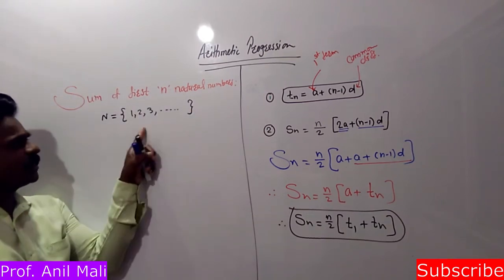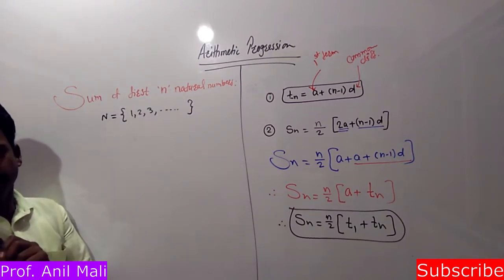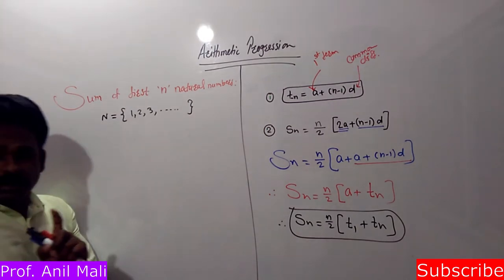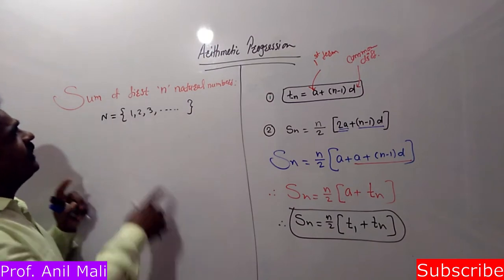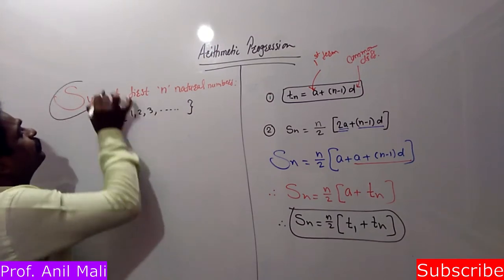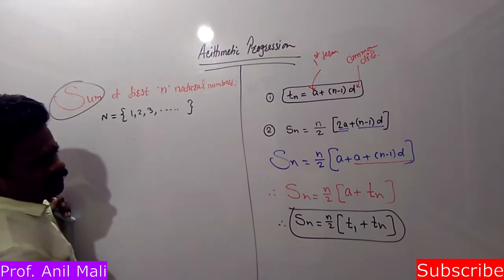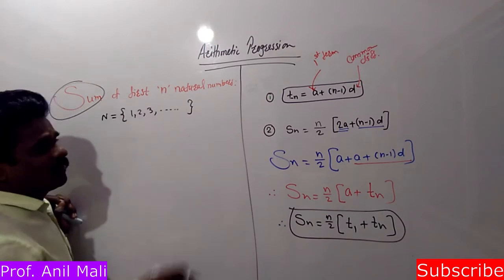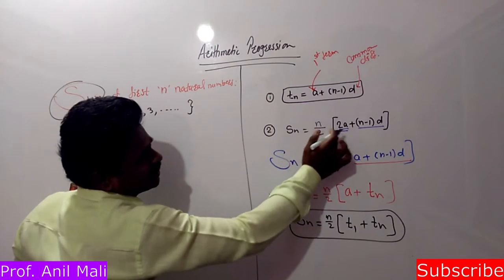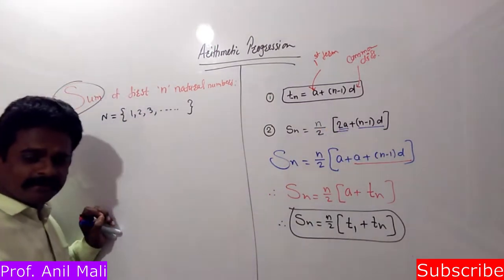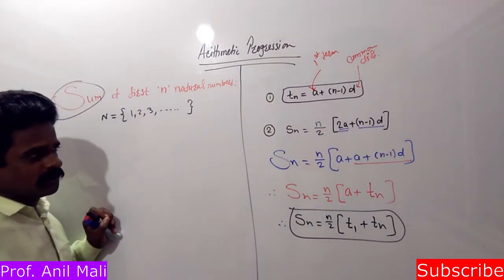This is the set of natural numbers, and we are going to find the sum of first n natural numbers. Now tell me, what is the formula for finding the sum of first n natural numbers? This is Sn is equal to n by 2 into the bracket 2a plus n minus 1 into d. Okay, no problem.